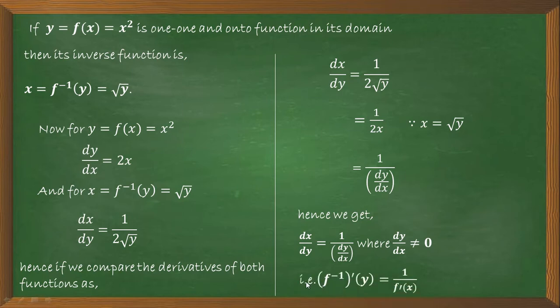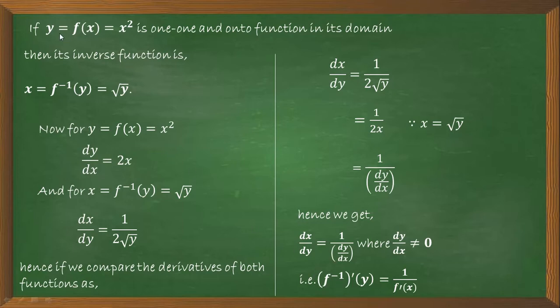In another form, how will you express that? That is f inverse dash y is equal to 1 upon f dash x. f dash x means the derivative of f with respect to x, and f inverse dash y is the derivative of the inverse function with respect to y.